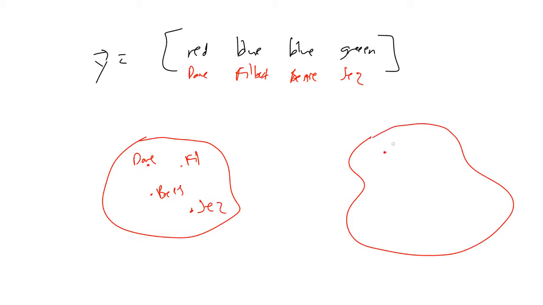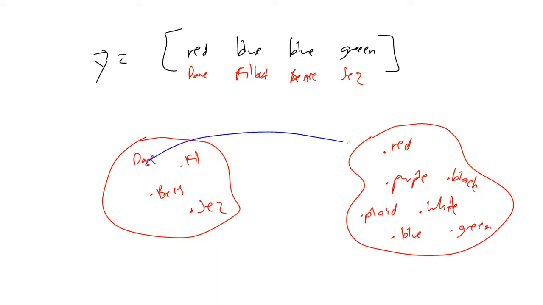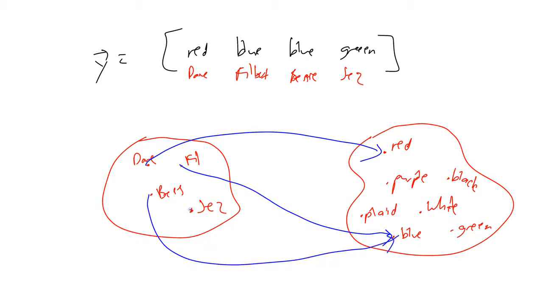And over here we've got the set of all possible colors, which is red and purple and black and white and blue and green and plaid. And we're saying that Dave goes to red and Filbert goes to blue and Bessie also goes to blue and Jezebel goes to green, right?